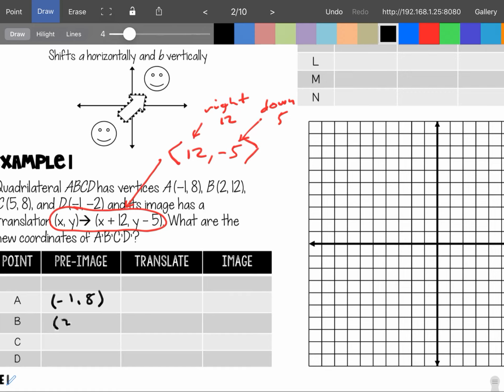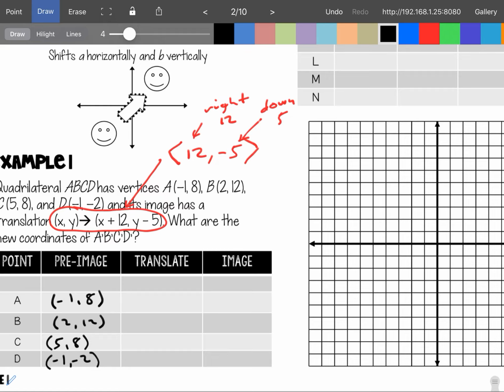Point B is at 2, 12. Point C is at 5, 8. And point D is at negative 1, negative 2. Okay, so for the slide, we're just going to take that quadrilateral, which has 4 corners, and slide it 12 to the right and 5 down.